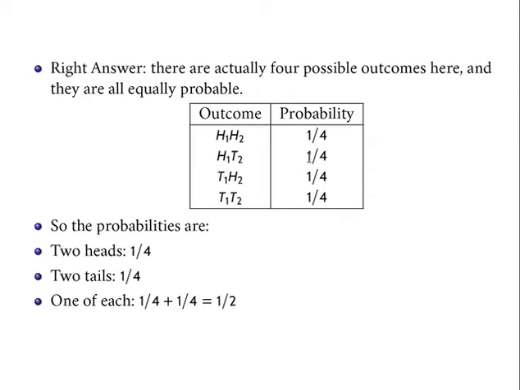And then when we consider some less specific thing, like for instance getting 1 of each, we have to group together the relevant more particular ways. And in this case, we group together the middle 2 outcomes and we get 1/2 probability for 1 of each. And that is the correct answer to our question about flipping this coin.